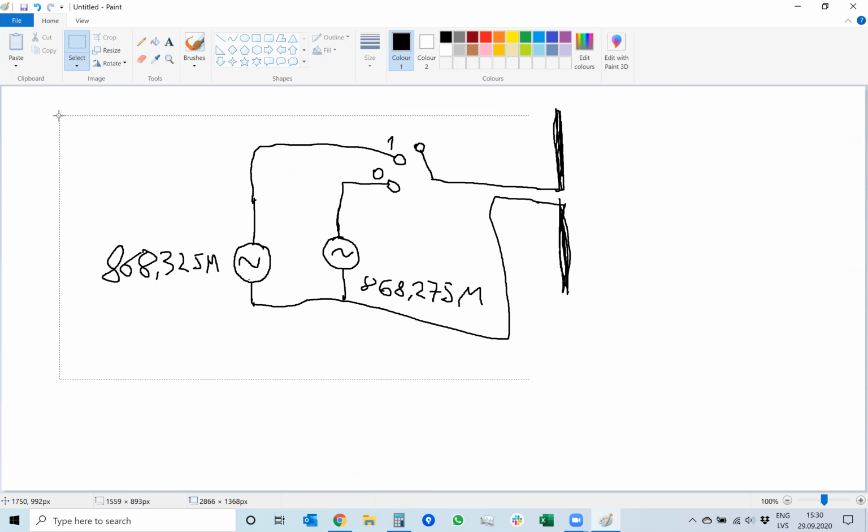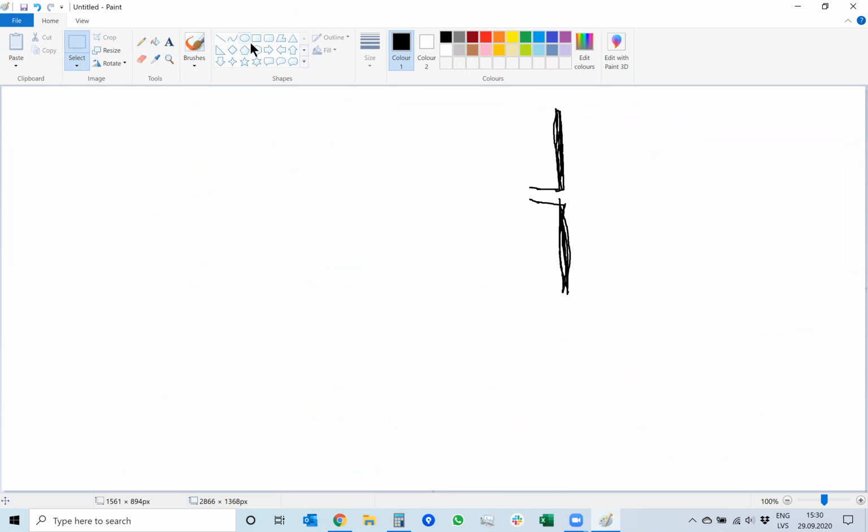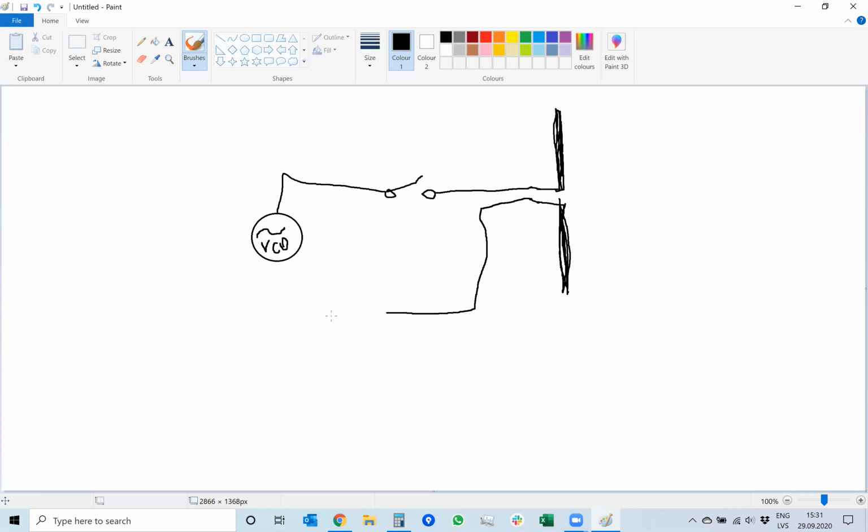So instead of doing this, we will use a voltage controlled oscillator, VCO, voltage controlled oscillator. And we will still have an on off switch to switch the oscillator off when we don't want to send any data.